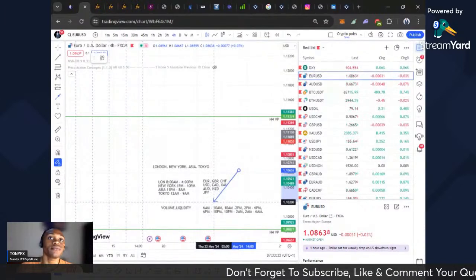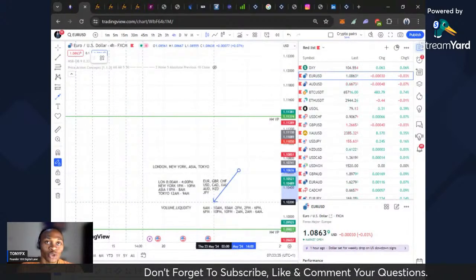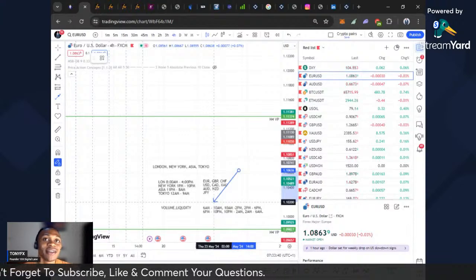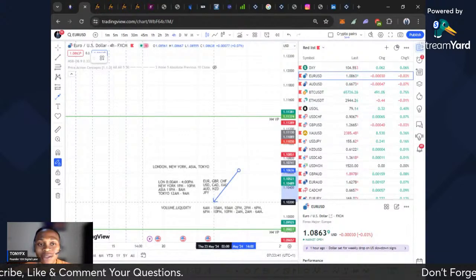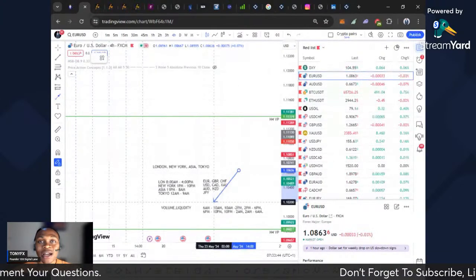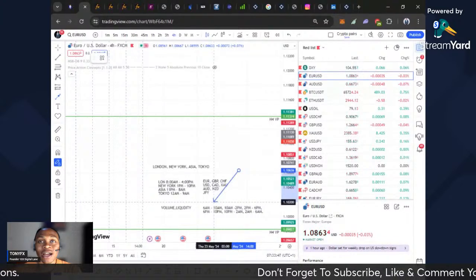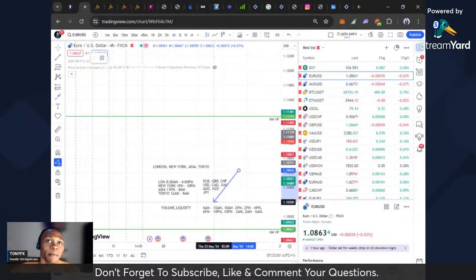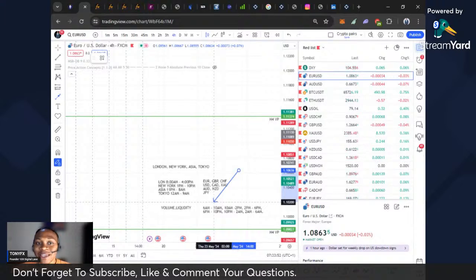We have a 4-hour candle, which means a candle starts and closes at the end of 4 hours. So we have a candle that opens at 6 a.m. West African time and closes at 10 a.m. West African time.